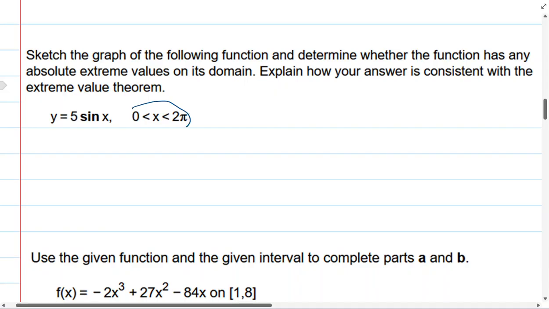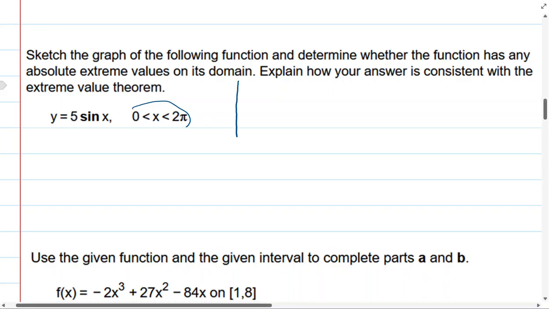Now, the cycle of sine is a sideward S, right? Everybody remember that? Okay, now what's the distinction here? What does this sine curve have different? An amplitude of what? 5. An amplitude of 5.